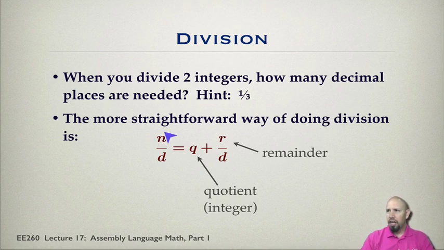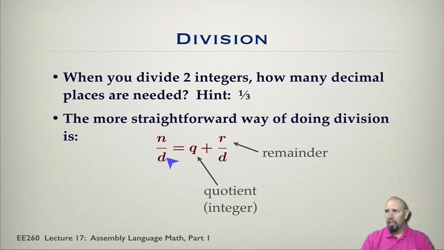If I think of a numerator n divided by a denominator d here, we can think of it as the quotient and the remainder. The quotient is such that this number r, the remainder, is less than this number d.